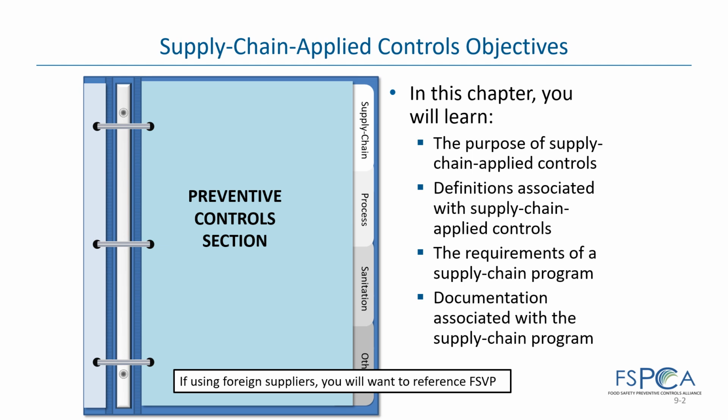That's only if you are using foreign suppliers and importing product. So if you're in that situation, you definitely will want to either take a course or do some research on the Foreign Supplier Verification Program, in addition to paying particular attention to this Chapter 9.